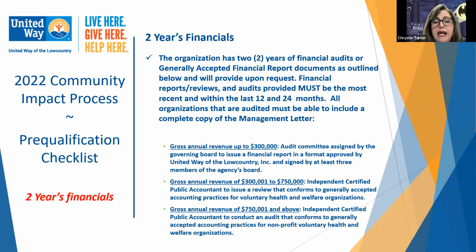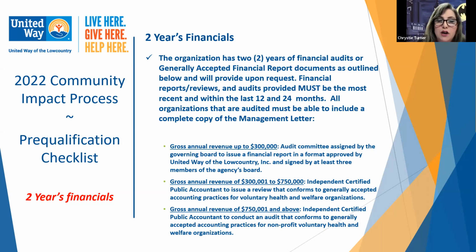Okay, so let me just ask, are you this other entity? Is it the backbone agency of the collaborative? Therefore, your program is under them, and are they your fiscal agent? Yes. Okay.